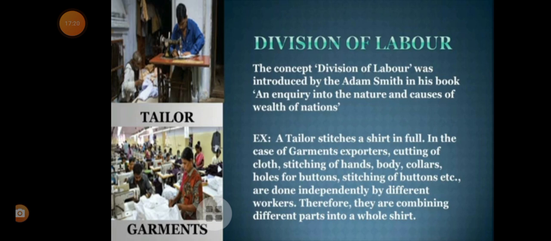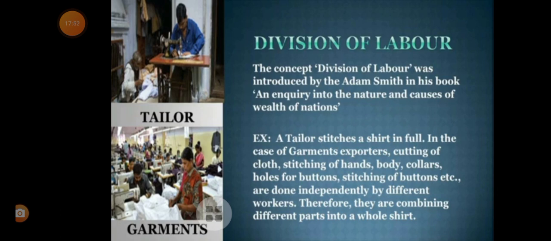If you want to stitch a shirt, you go to the tailor, you give the size for the shirt, and the tailor will stitch the cloth completely. The hand, collar, buttons, everything will be done by one tailor. But division of labor is opposite to the tailor work which we discussed now.